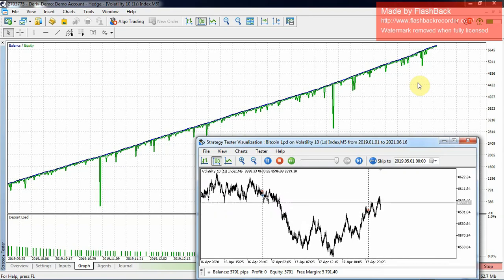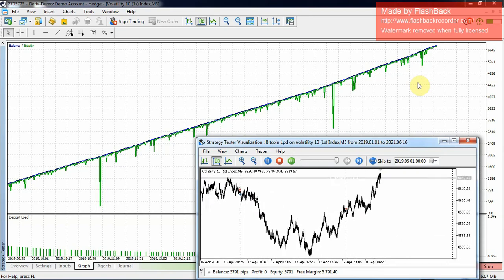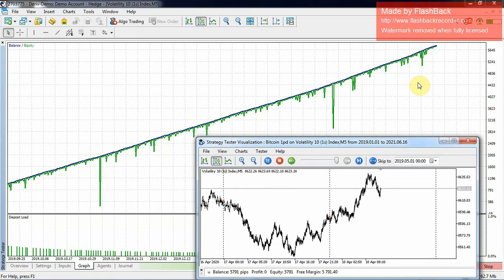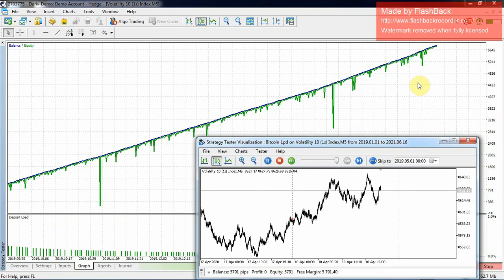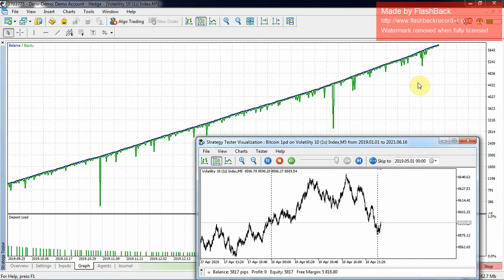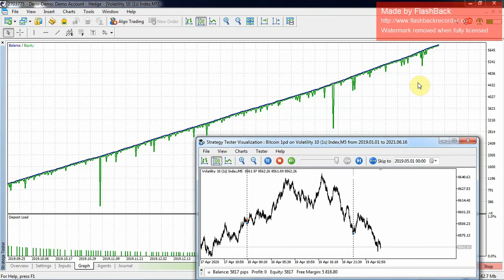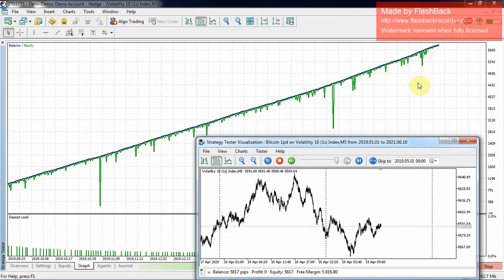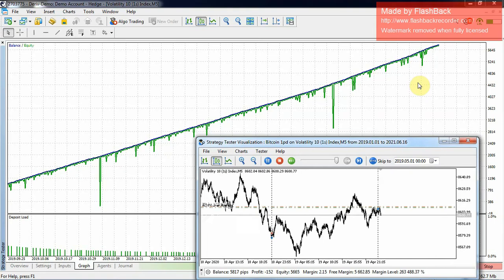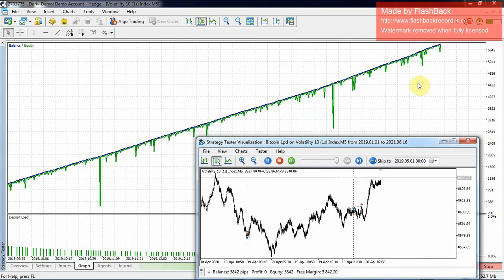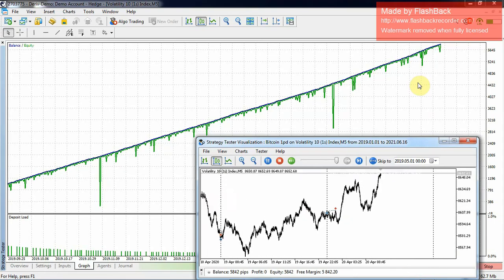The strategy tester is running. As you can see, the balance line is forming there as the trades are coming in. This robot trades one trade per day. We trade the opening price action of the market.